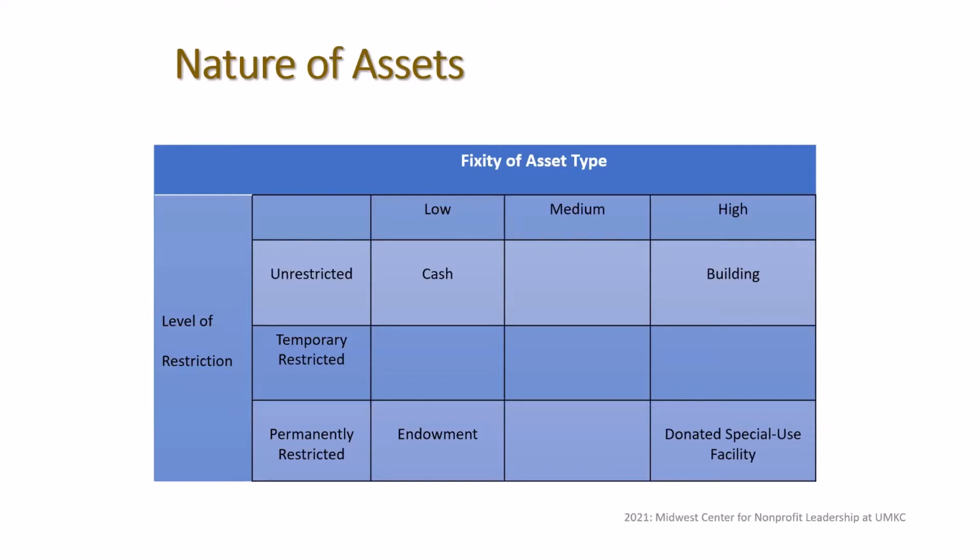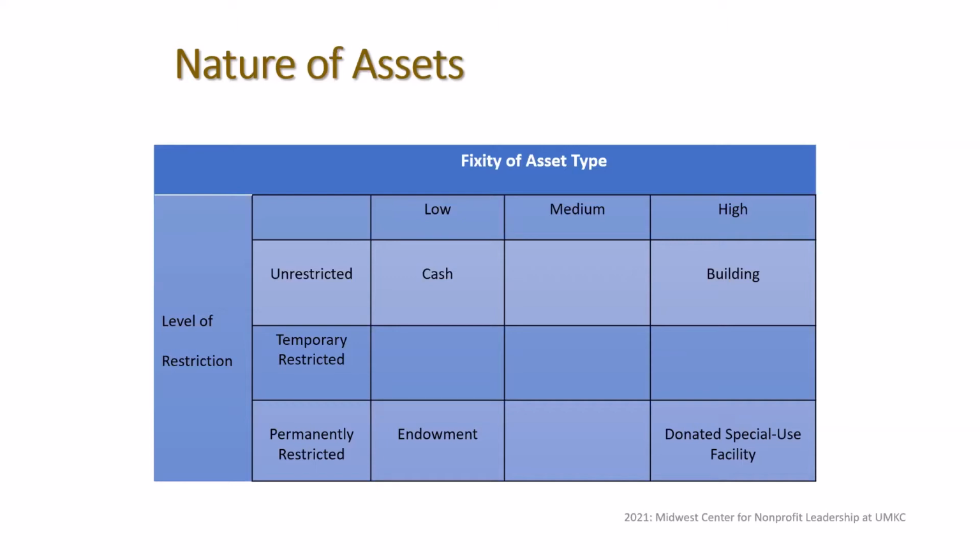You could actually have a very positive net asset situation mathematically, your assets minus liabilities equals net assets, but those could all be very fixed, meaning you have very little ability to utilize those assets in an unrestricted way.